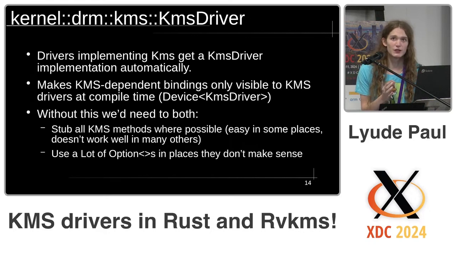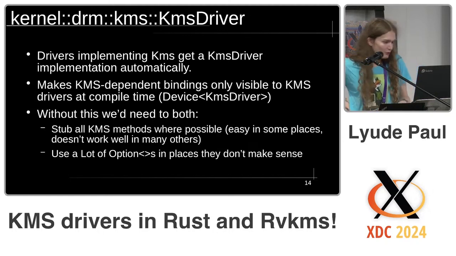This is really advantageous because it basically allows us to, from all of our bindings, assume KMS is set up and always there, instead of having to handle runtime checking, like did they set up v-blanking or did they set up this specific feature. We're able to do most of this at compile time. And of course, that avoids returning quite a lot of options in places where they might not necessarily make sense.